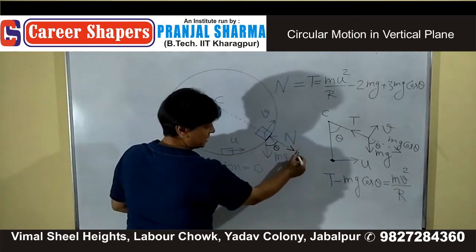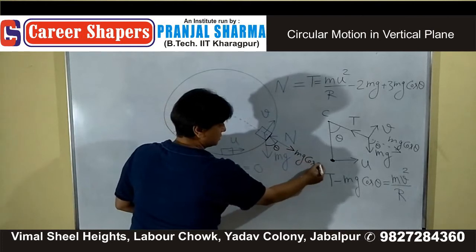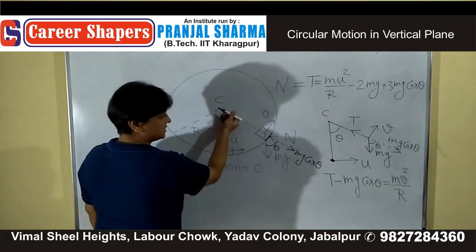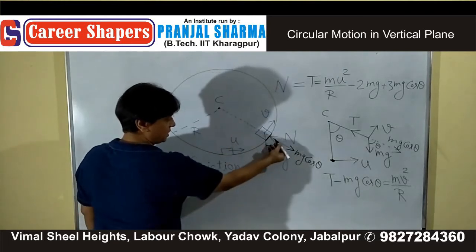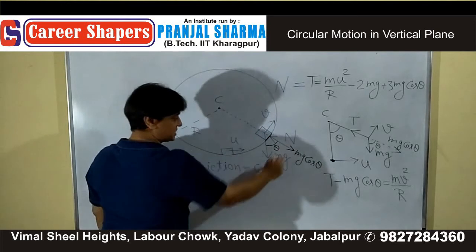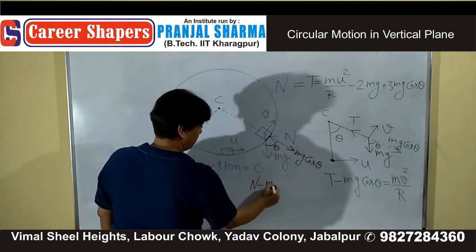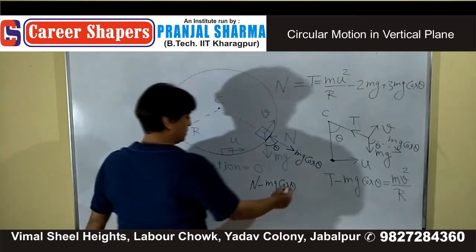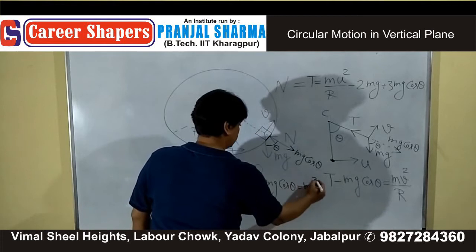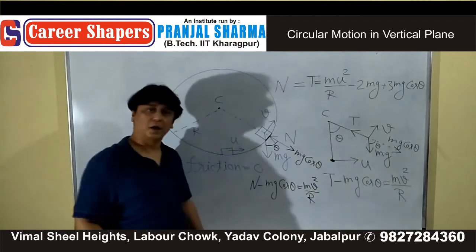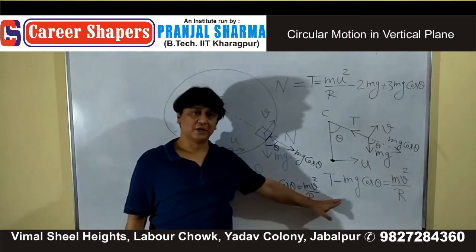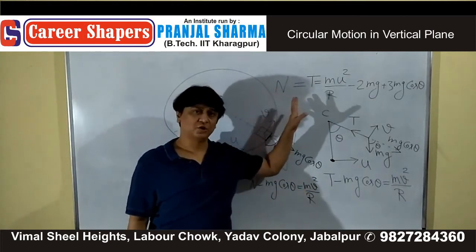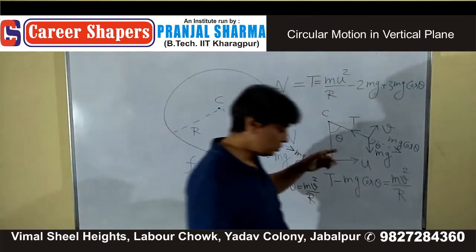Component of mg in this direction is mg cos theta, and this centripetal force therefore becomes N minus mg cos theta, which is mv square upon r. That's the reason you can simply replace T with the normal reaction force.